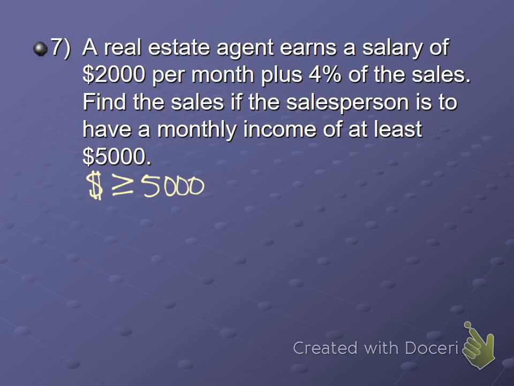To calculate the money that they earn, we know they're getting $2,000 plus a percentage of the sales. So I need that percentage to be in decimal form, and I need to multiply it by the sales amount. I don't know what it is, so I'm going to use a variable x.